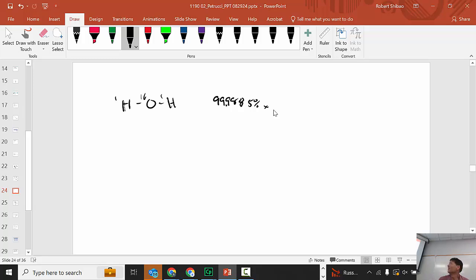Okay, and so times 99.9885%. I see a potential problem here, because the units here are going to be percentage squared, which doesn't have any meaning.